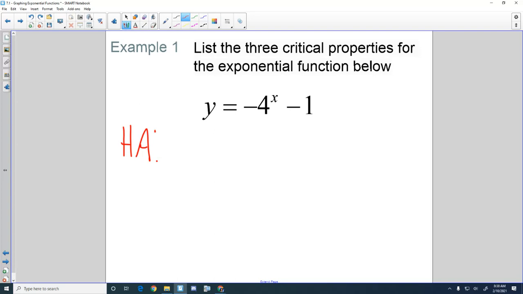A -1. Yeah, you just look back here. Whatever's being added or subtracted, that's our horizontal asymptote. And it's a line, so write it as y equals to indicate that it's a horizontal line. It's not just a point, it's not just a number, it's an entire line at -1. So you drop down 1 unit below the x-axis.